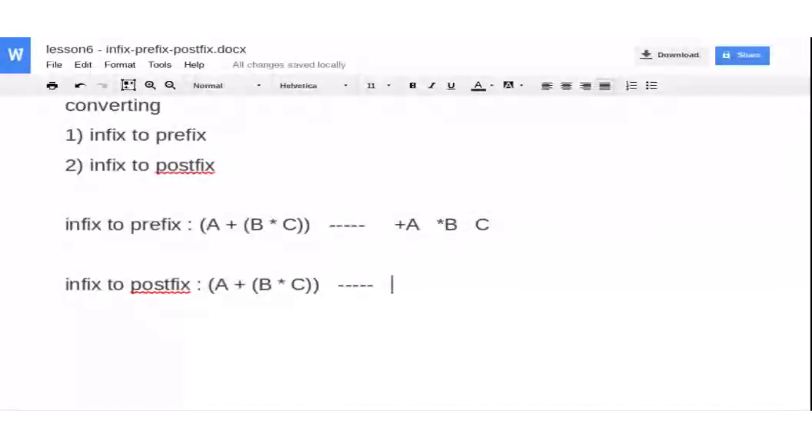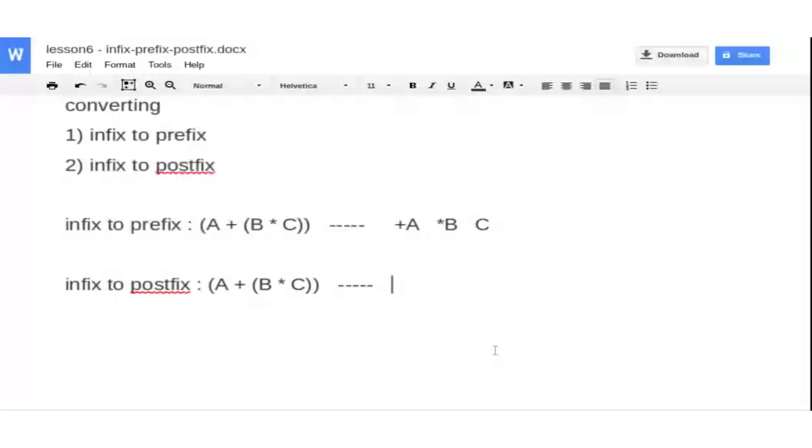So we always start by fully parenthesizing. And once we are sure that we have done the fully parenthesizing, then we start moving the brackets, I mean, you just move the operators. If it's a postfix, we are moving the operators towards the right.